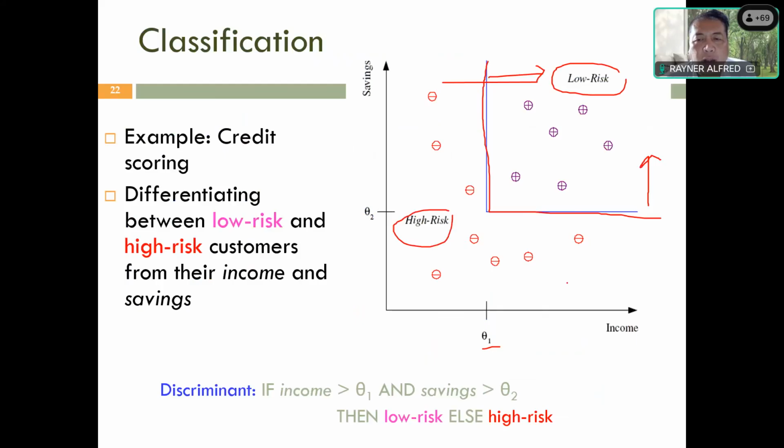High risk when you have lower than theta 1 and theta 2. So this is the formula that we have. Okay, so when we say modeling, basically we want to draw the line that separates the two classes.